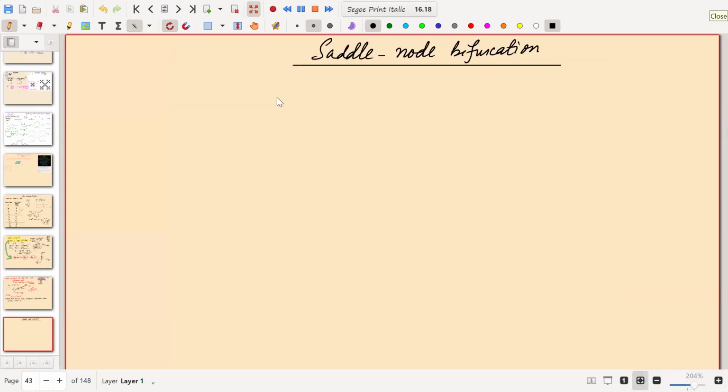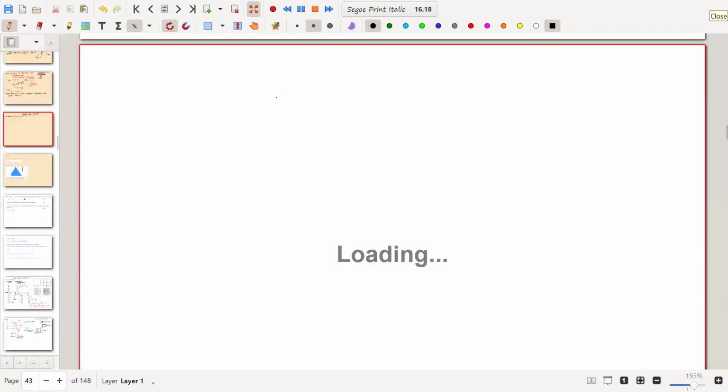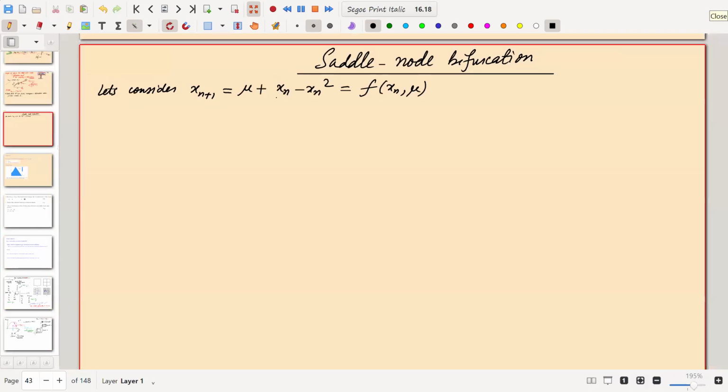Let's consider a 1D map of the form x n plus 1 equals mu plus x n minus x n square. This is f of x n, and the parameter is mu. This is a 1D map. Is it okay with everyone?